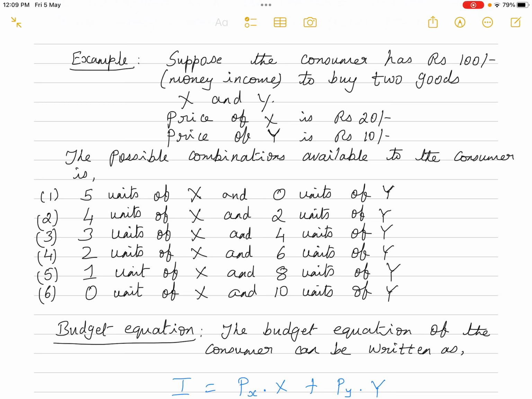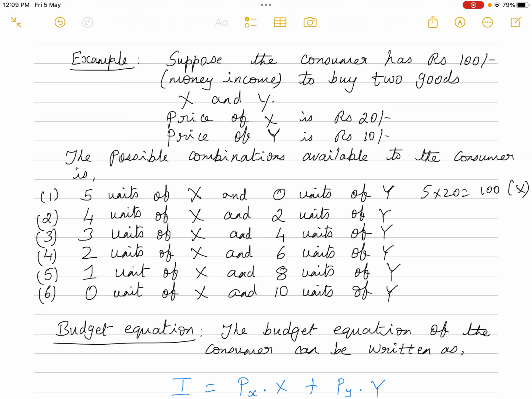He will be able to purchase 5 units of commodity X, because 5 into 20 is 100. Nothing is left for the consumer to purchase commodity Y, because we have assumed the price of X is rupees 20. So the first combination, 5 units of commodity X and 0 units of commodity Y.